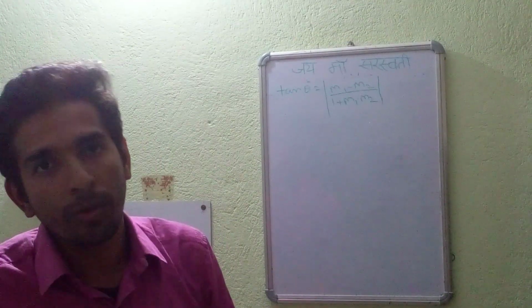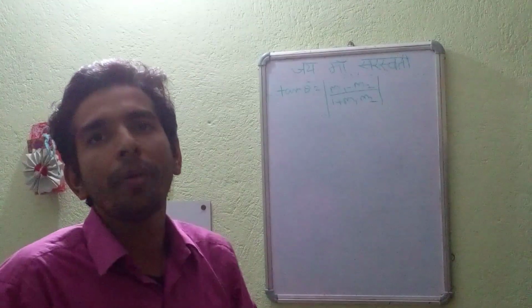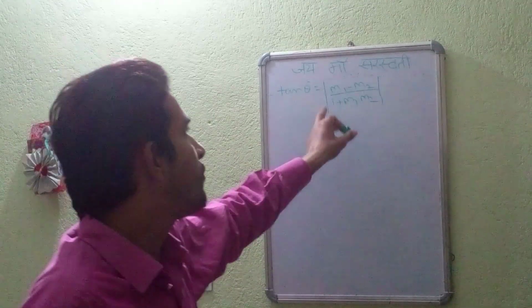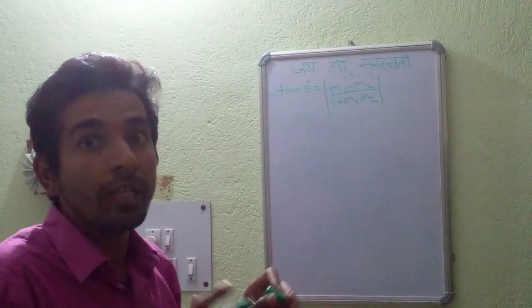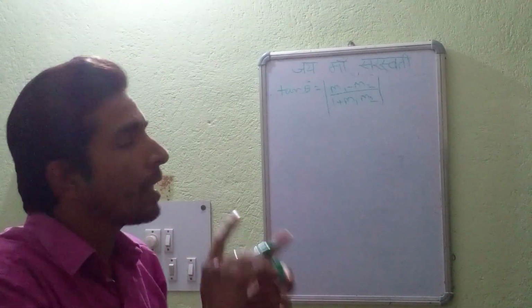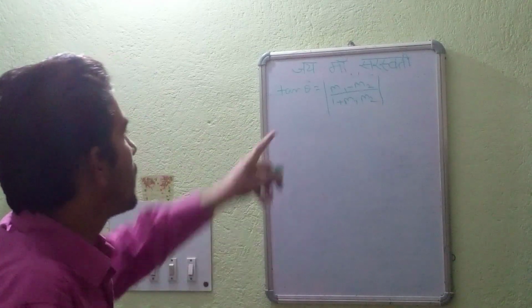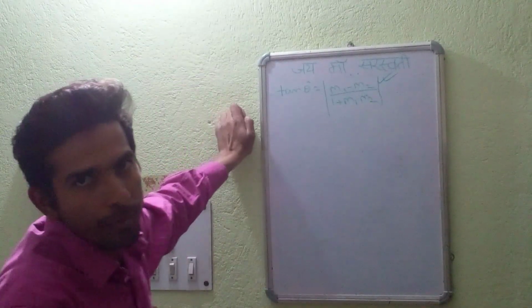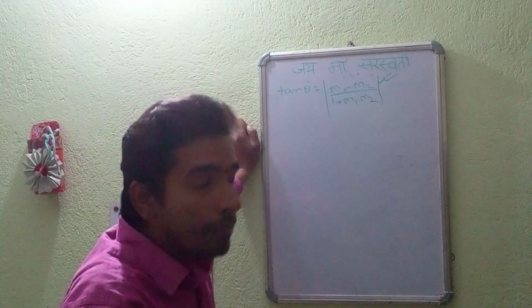If the value is positive, it will be the same, but negative will not be there. If the value is coming within the mod as a negative, we have to take it out as a positive value. So this is the property of mod. Tan theta is equal to m1 minus m2 by 1 plus m1 into m2.